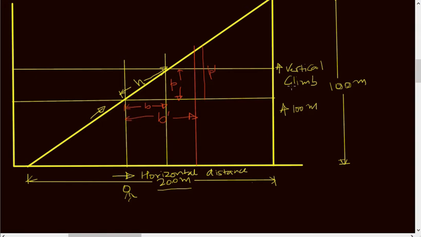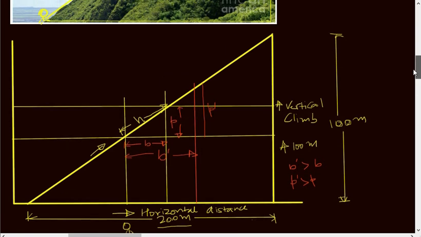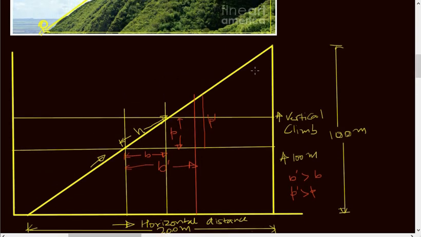As you see, B prime is bigger than B, and as a result P prime is bigger than P. So the function here is that vertical climb depends upon horizontal distance.